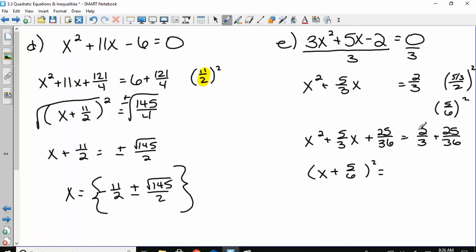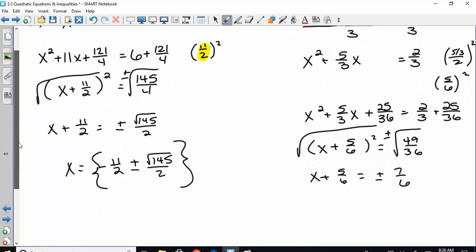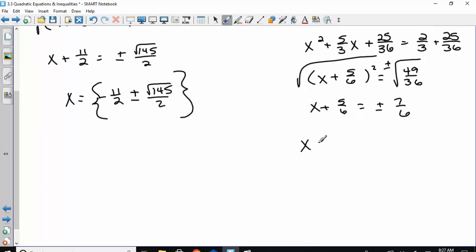Over here, this 49 would be 36. 49 over 36. So now square root, plus and minus. Square root of 49 is 7, square root of 36 is 6. So when you bring this over, you have negative 5/6 plus and minus 7/6. If you leave your answer like this, I'm going to take off. Why?